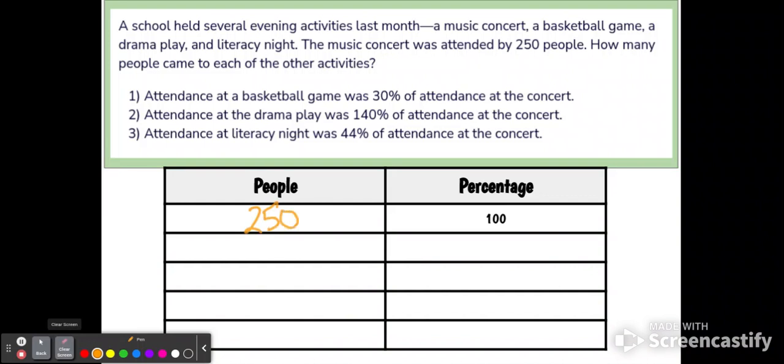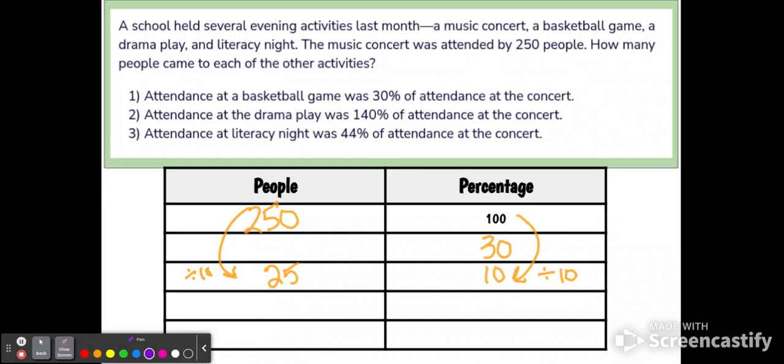I'm finding 30%. Oh, but wait, we know we can't go from 30 to 100. So I'm going to scale down to 10. And I know that 100 divided by 10 gets me to my answer. So I'm going to do 250 divided by 10 to get 25.